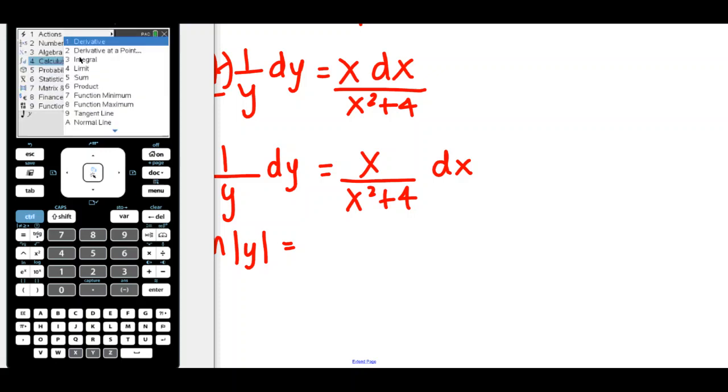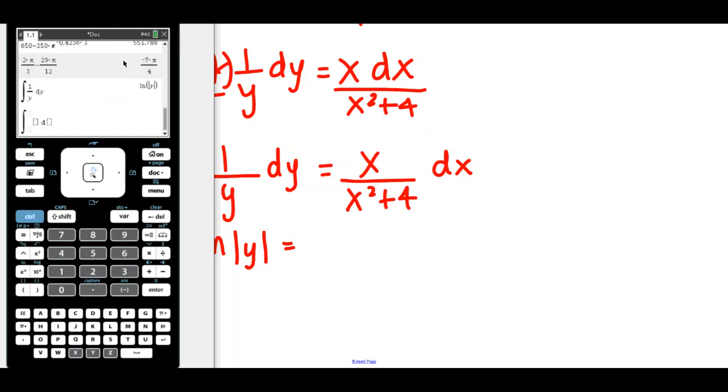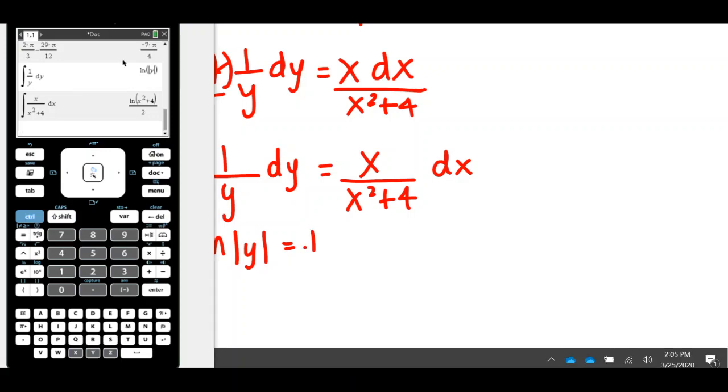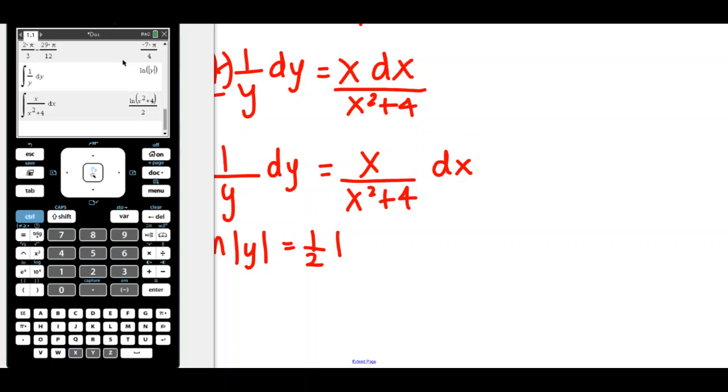Menu, Calculus, Integral, and we're going to do x over x squared plus 4 with respect to x, so dx. So it gives us that, and we write it over here. I'm going to write it as 1/2 natural log x squared plus 4. Don't forget your plus c at the end.